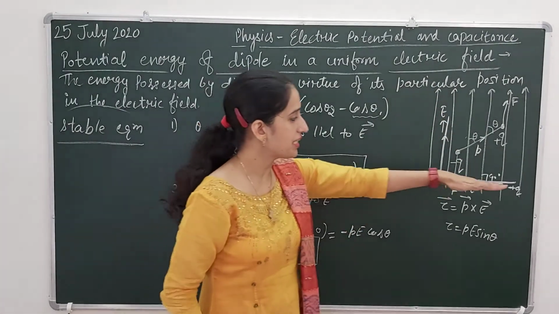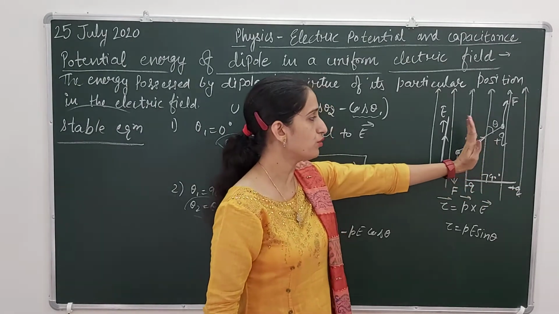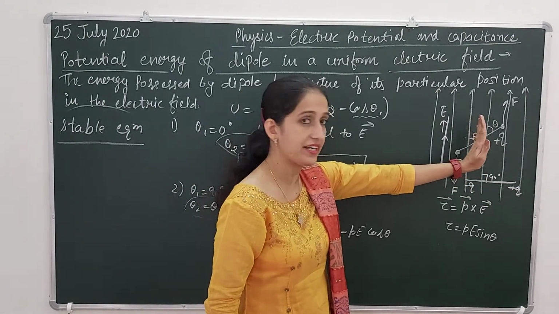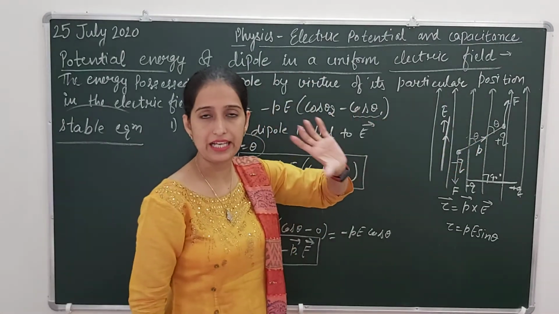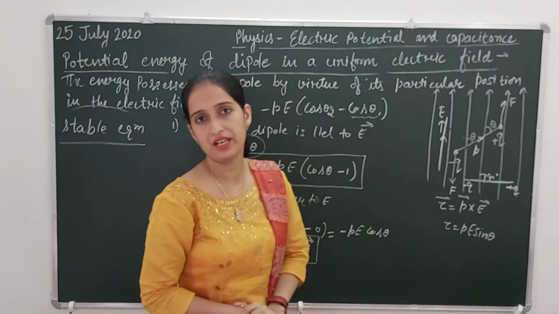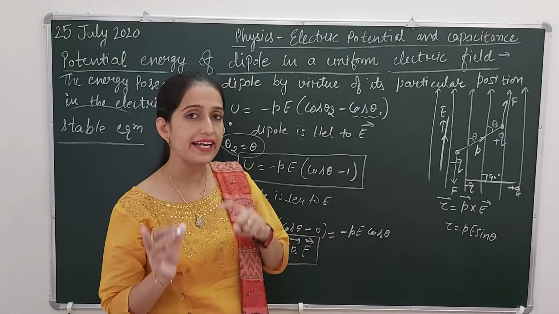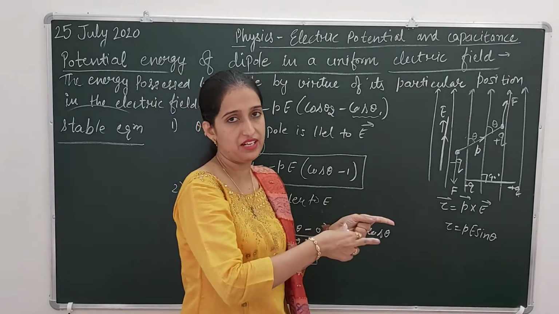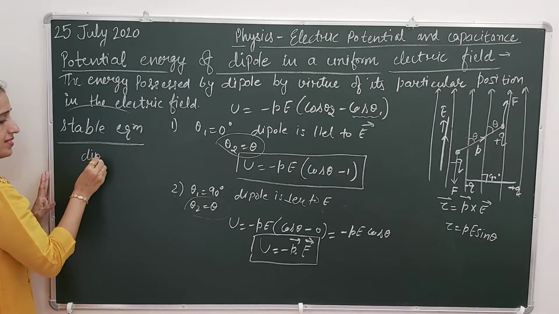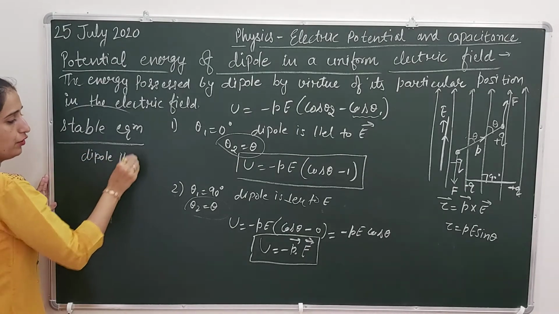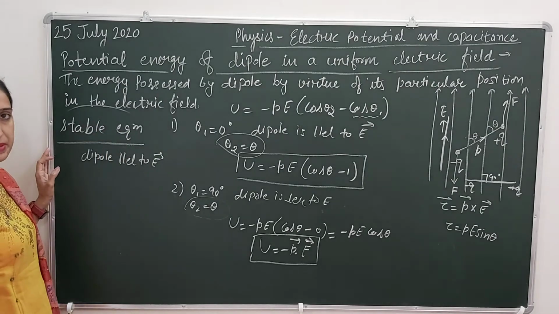Suppose initially it was perpendicular to the electric field, and we rotate it through a 90-degree angle and keep it here, so finally the dipole is parallel to the electric field. The work of this torque is to rotate the dipole in the direction of the electric field. So when the dipole is parallel to the field, that will be the condition of stable equilibrium.